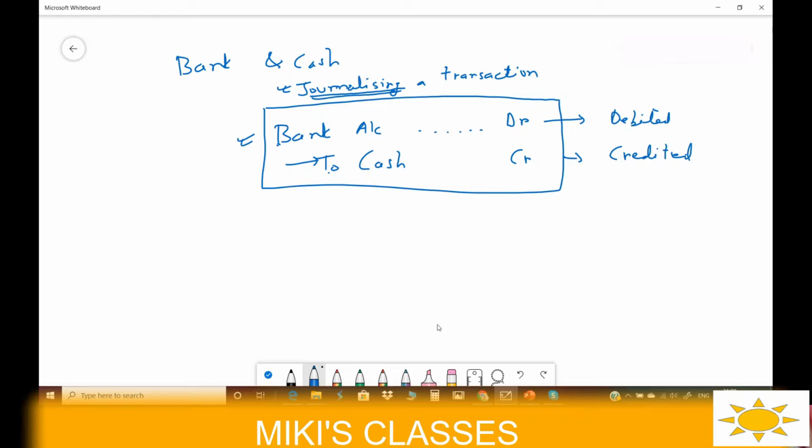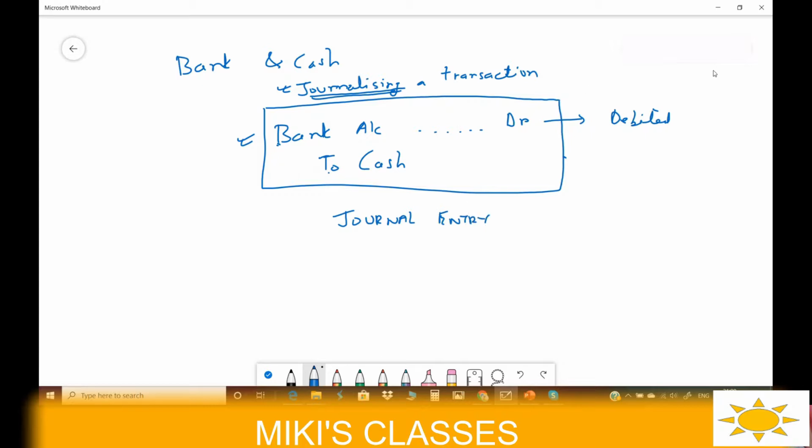So it is inset like this. It doesn't start from the same point. And the moment the 'to' is mentioned, it is assumed that it's a credit. So you do not have to write CR, but you have to write DR. So bank account debit to cash. This is what you call the journal entry.